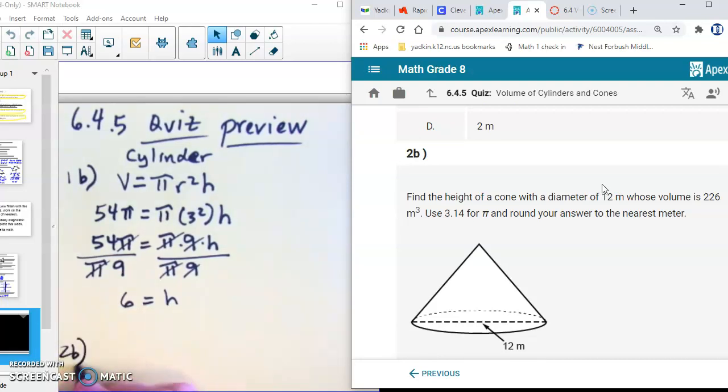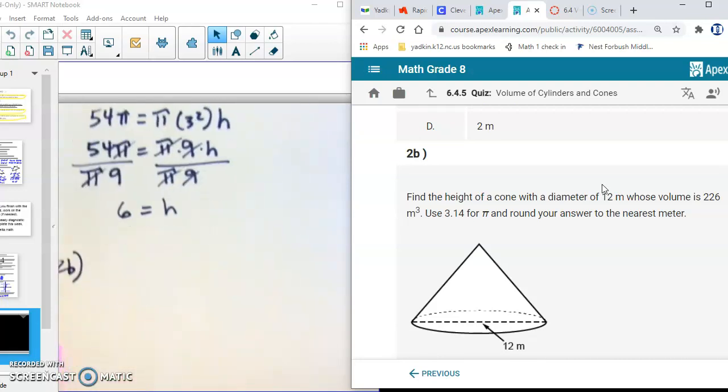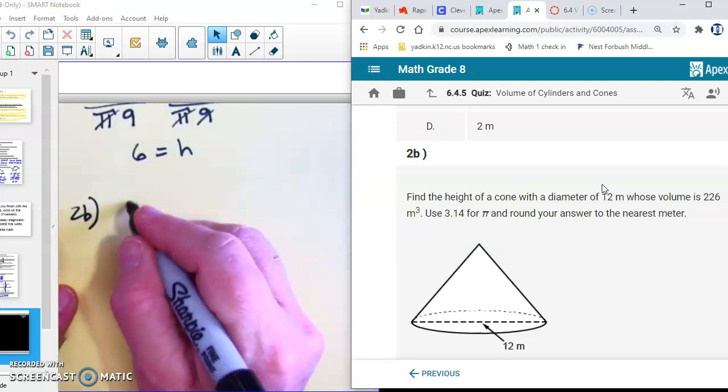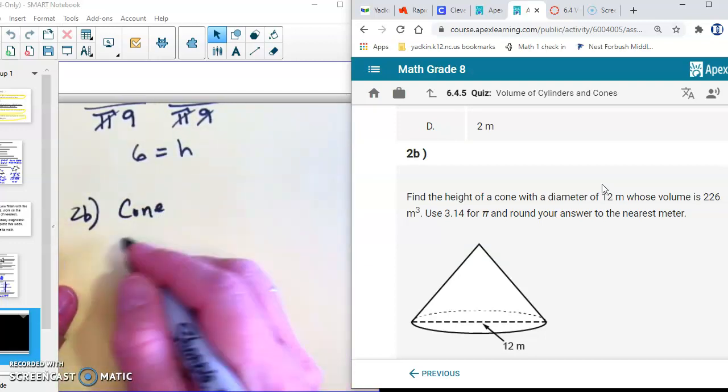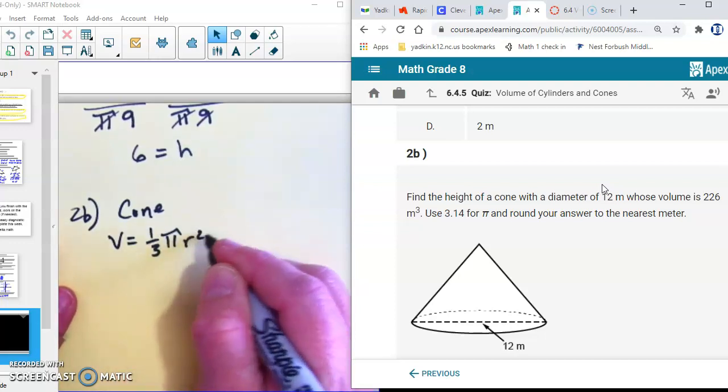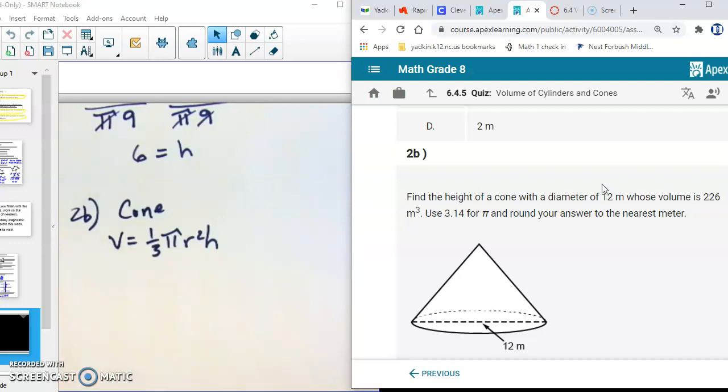For 2B, what shape are we talking about here? We're looking at a cone. And let's write the volume formula for a cone. Volume is equal to 1/3 pi r squared h. Let's see what information they give us. Find the height, so we're finding h again, of a cone with a diameter of 12.